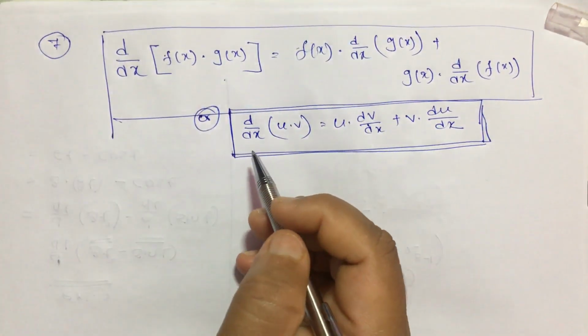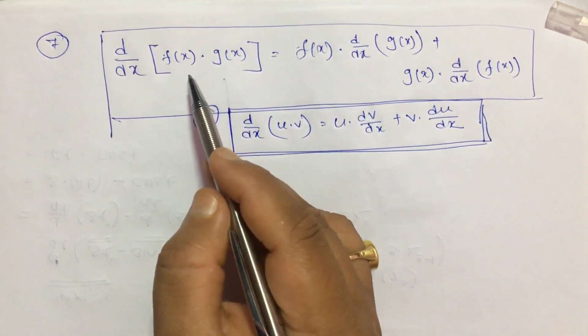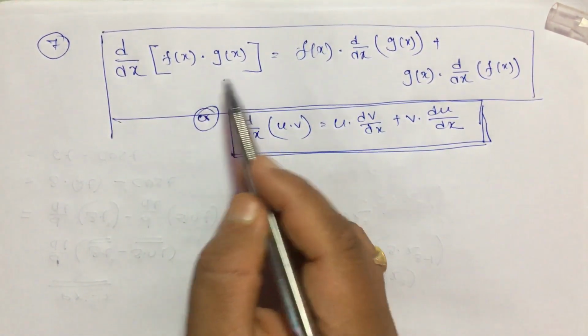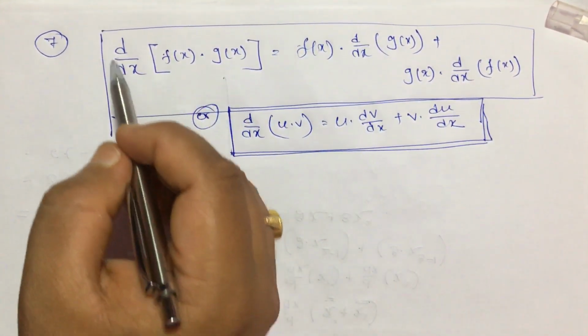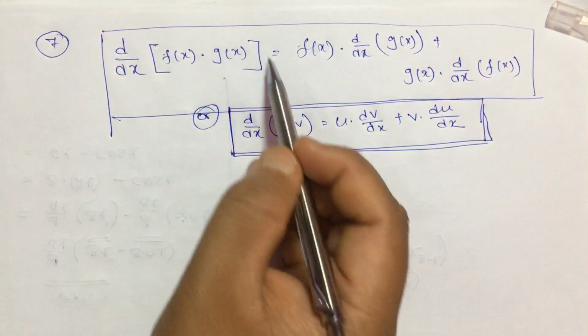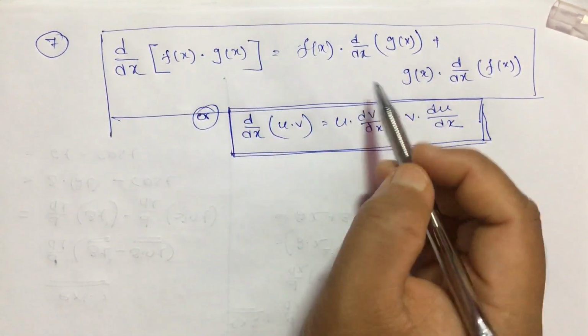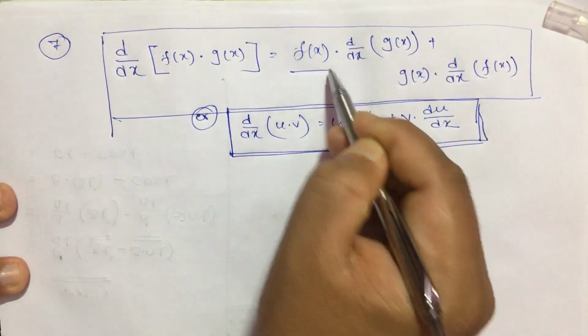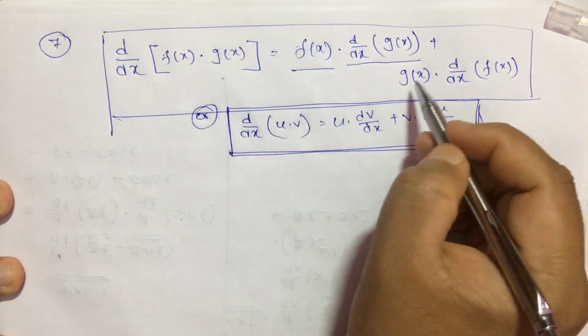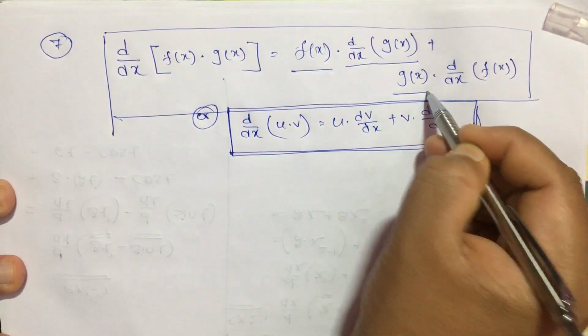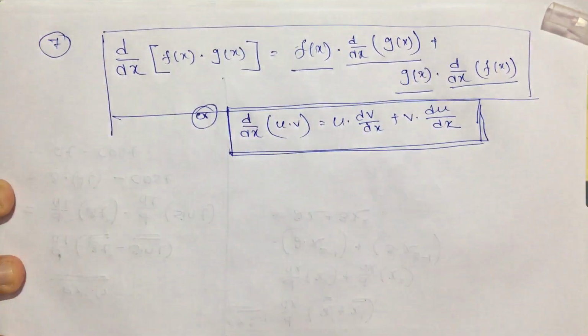This is the next formula, d by dx of fx into gx. Here there is multiplication, and you cannot say that the answer will be derivative of fx into derivative of gx, not like that. This is the answer: first function, fx, into derivative of the second function, plus second function into derivative of the first function.